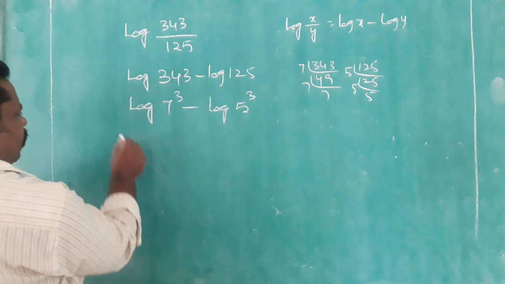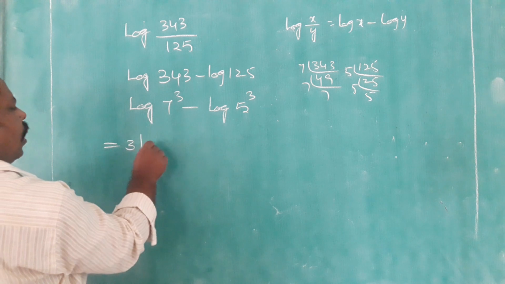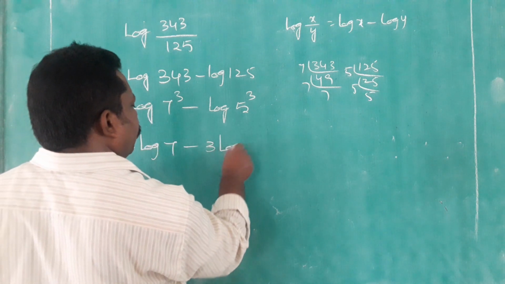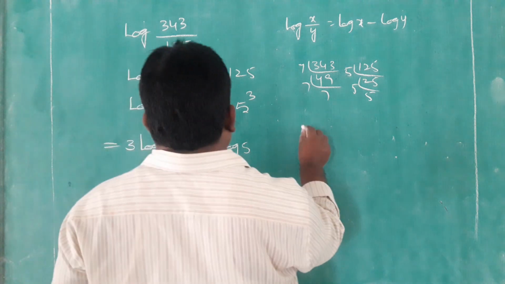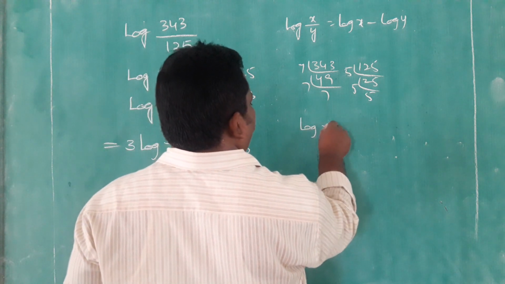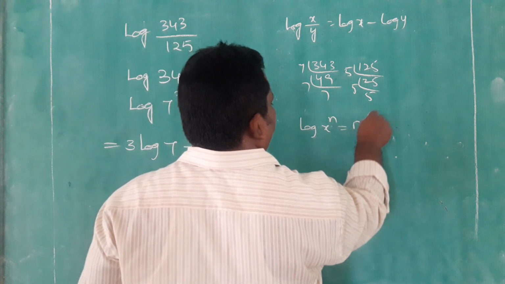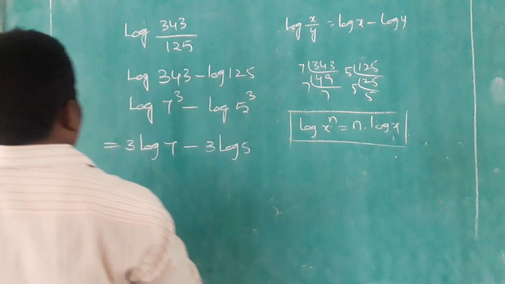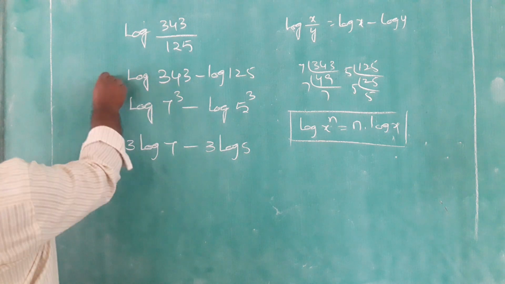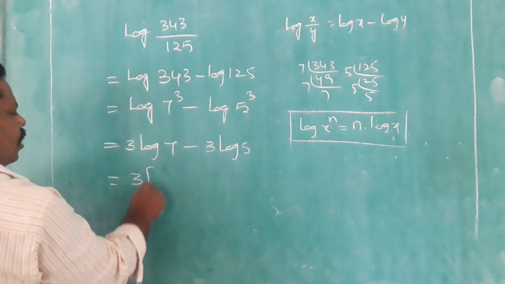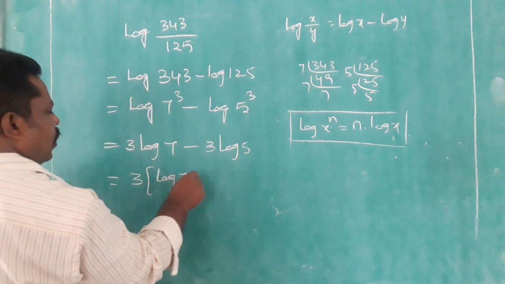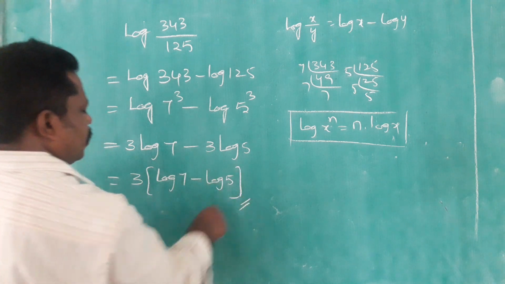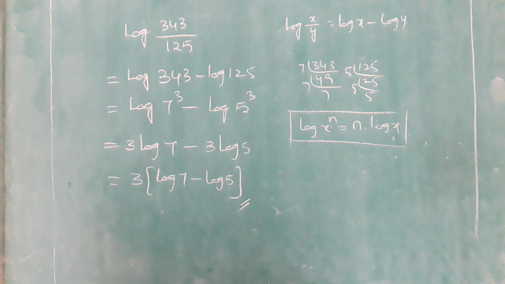Now this can be written as 3 log 7 minus 3 log 5. Why? Because we use the formula log x power n is equal to n into log x. It is the formula. Okay. Now in this case 3 should be taken as common: 3 times log 7 minus log 5. It is the simplification of that answer.